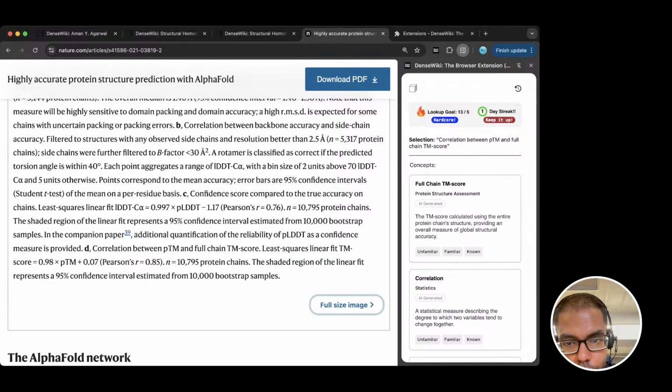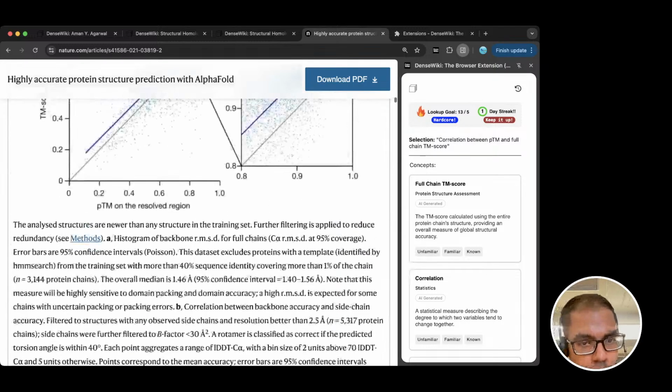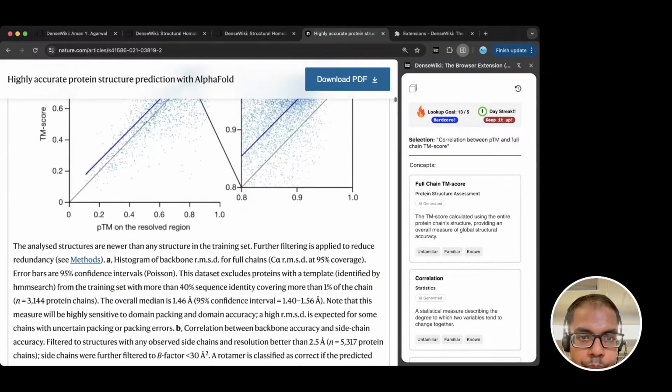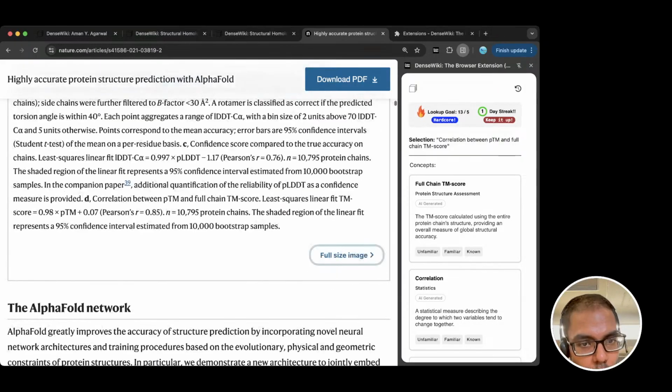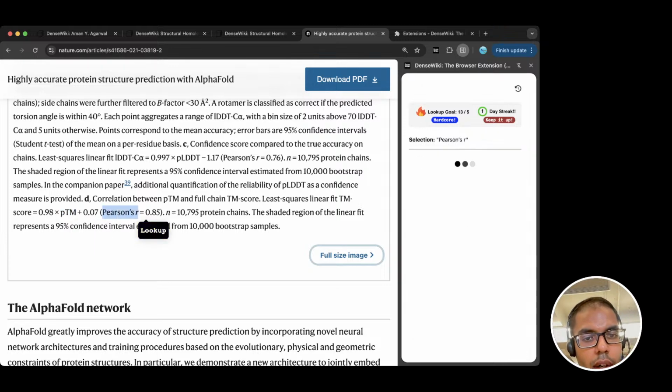The shaded region of the linear fit represents 95% confidence. Alright, I'm not that in... least squares linear fit, TM 0.98 times the pTM plus, and Pearson's. Okay, I don't know what this is.